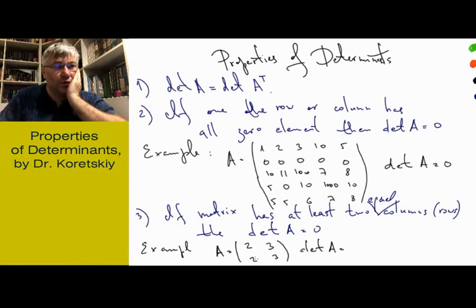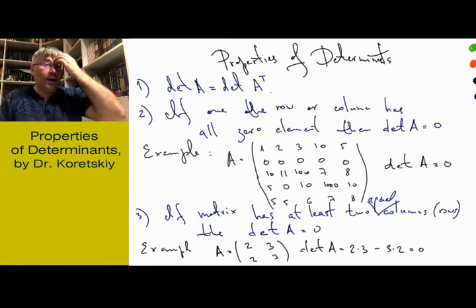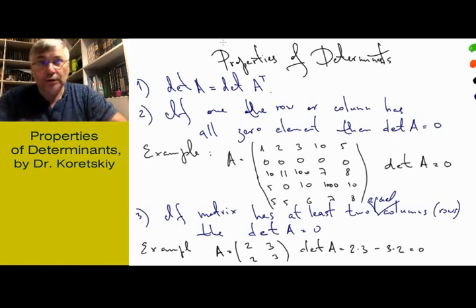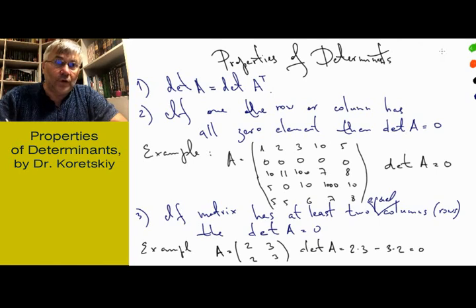It is 2 times 3, elements which are located at the principal diagonal, minus 3 times 2, and it is 0. So you can compare two rows or two columns, and if you notice that two of them are equal, you can say that the determinant of such matrix is 0. You shouldn't calculate the determinant.